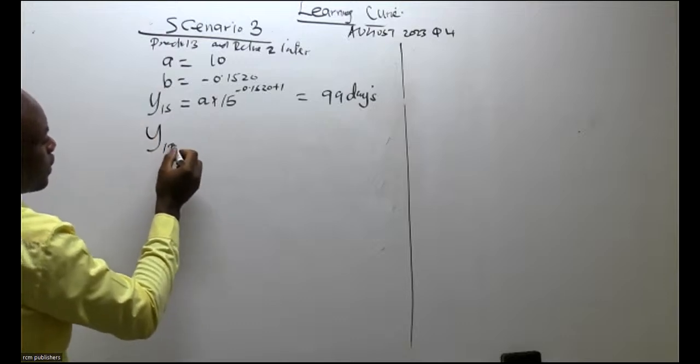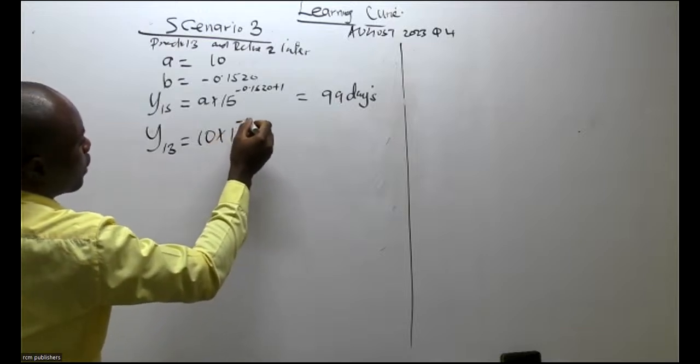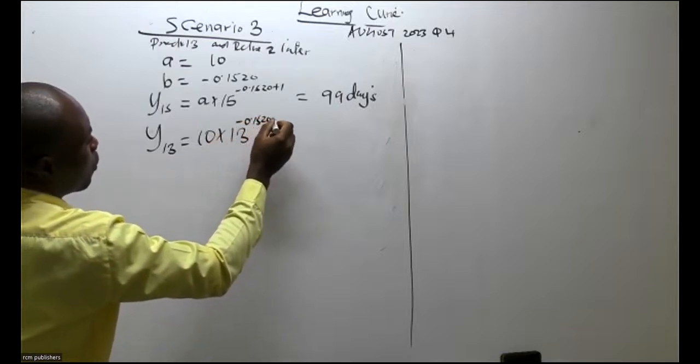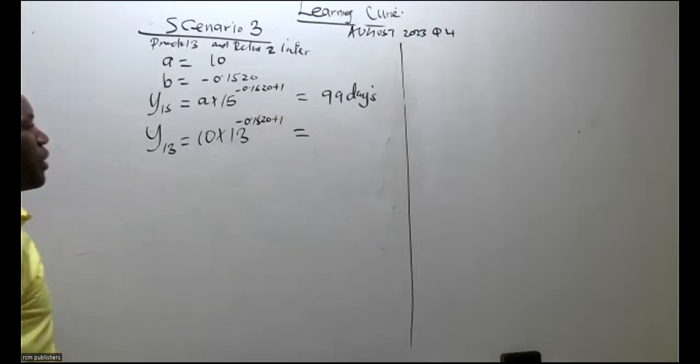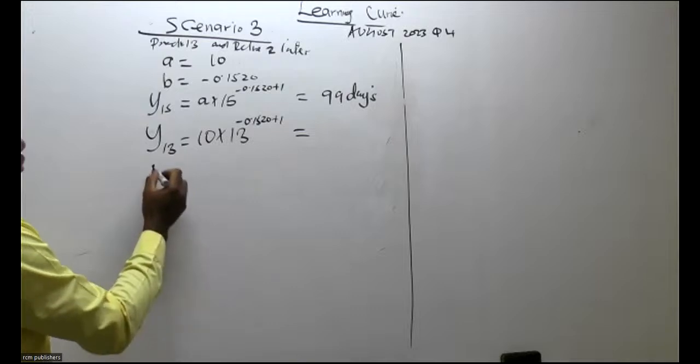So let's first of all get the time taken to produce the first 13. Y at 13 will be equivalent to 10 times 13 raised power negative 0.1520 plus 1. Tunapata ngapi?